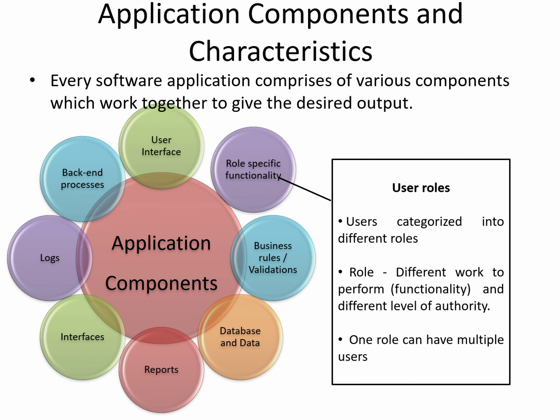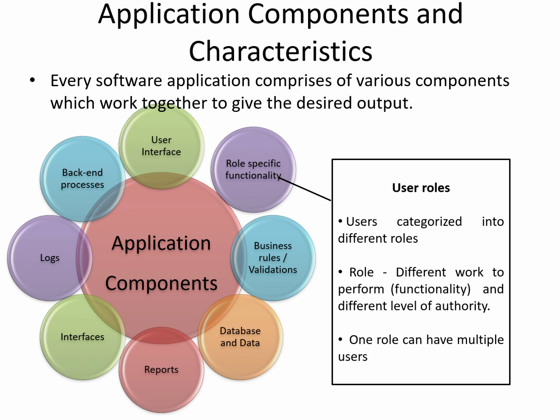Second, role specific functionality. Now, every application may not have this type of component, but the majority of applications do. And when it comes to software testing, we have to understand and think from this particular role specific angle. For example, there are certain applications where admins are allowed to do certain tasks which normal people are not. For example, an HR application. There must be some HR who is an admin who can have different privileges.